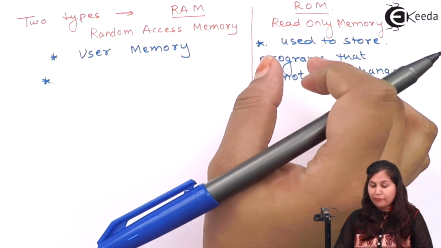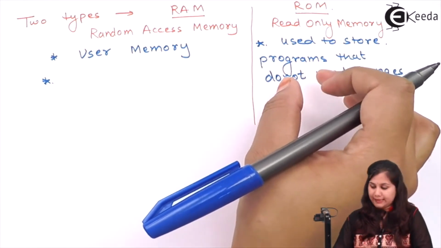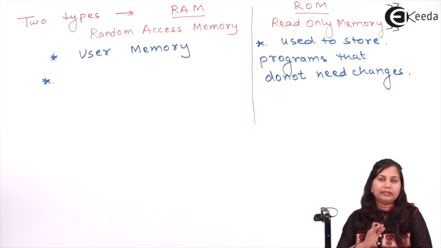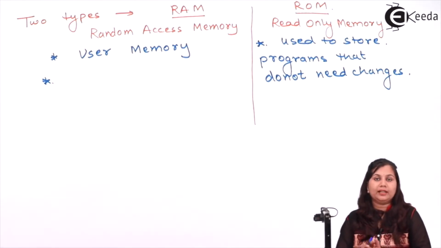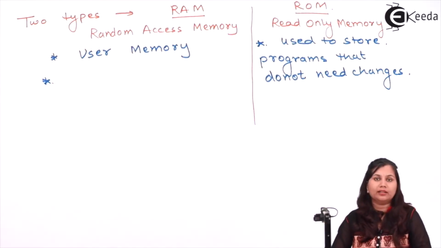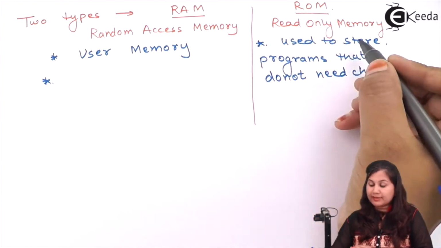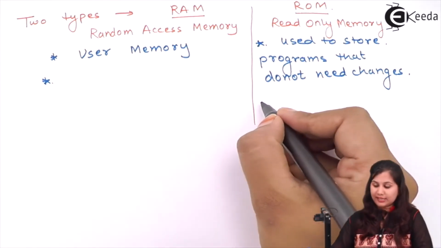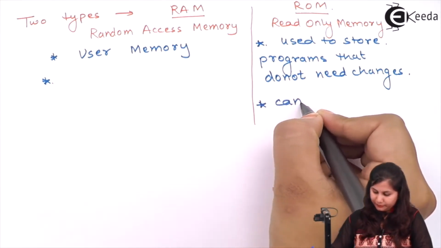That is, at the time of manufacturing of the microprocessor, in the read-only memory, the programs which have been used by the microprocessor for its functioning are stored in the ROM. So these programs do not need changes and they cannot be altered.